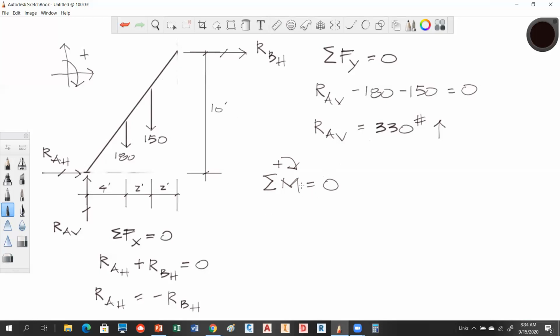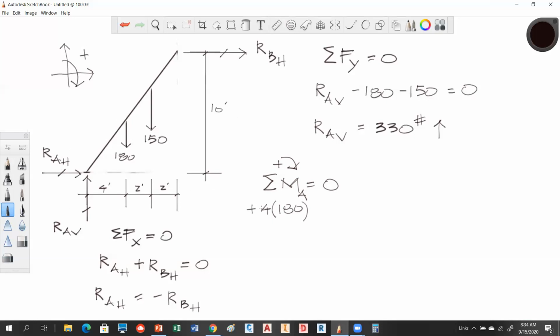So if we say we're going to take it at A, what that says is we're not going to be dealing with RAH or RAV because they're both gone. So taking a moment at A, what's the first moment? We have a distance of 4 feet times a force. So that's going to be 4 times 180. And that's tending to turn this ladder clockwise. So this is actually a plus.